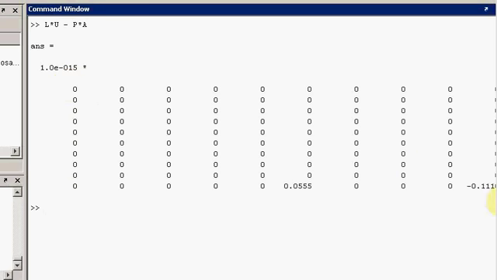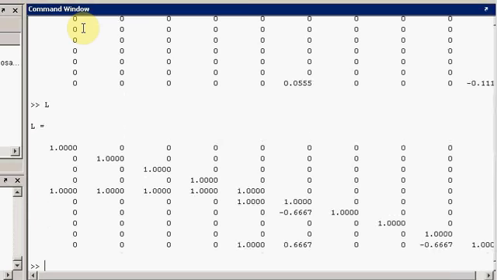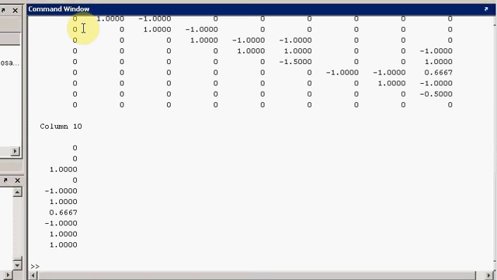These are numbers times 10 to the minus 15, so we regard L times U as being very close to P times A. So indeed L and U are factorizations, the lower and upper triangle factorizations of the matrix A. And I'll leave it to you to use those matrices to then solve for the mass flow rates m dot.